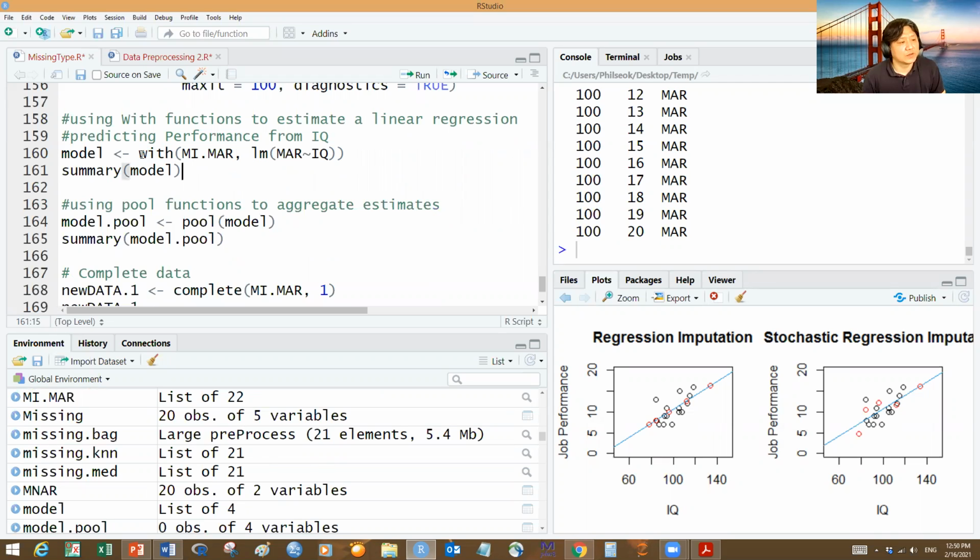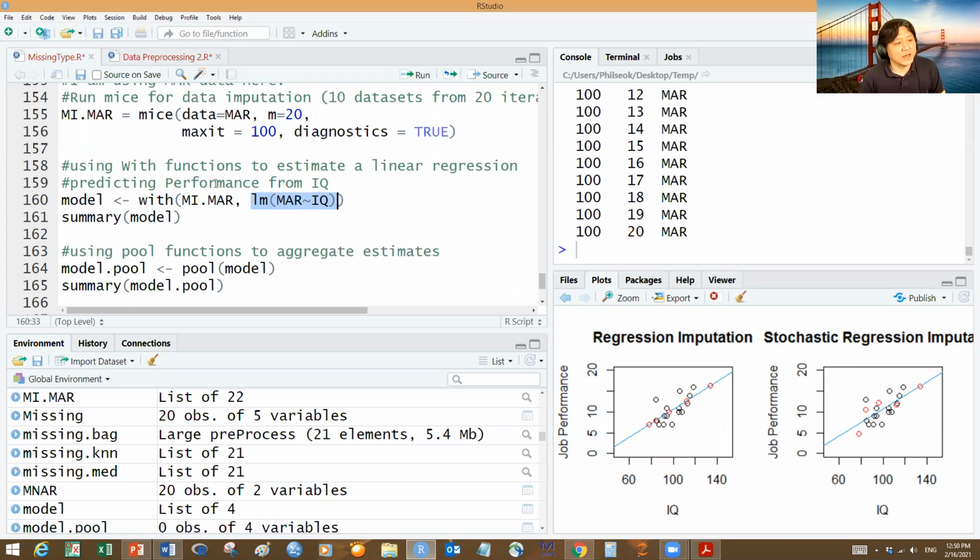Now we can do the analysis stage using the with function. This is the data set, and then you enter your statistical model. But the mice package is generally available for the general linear model.